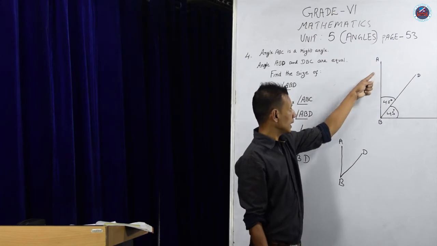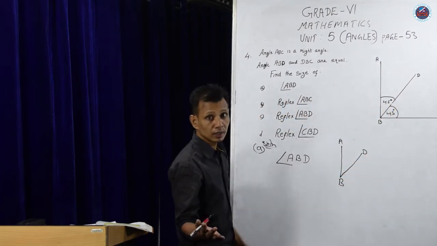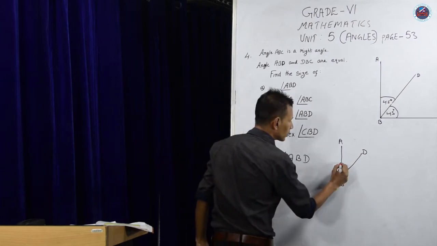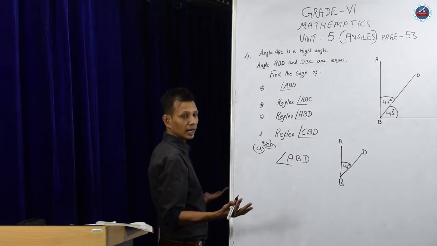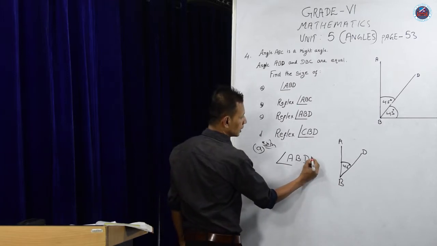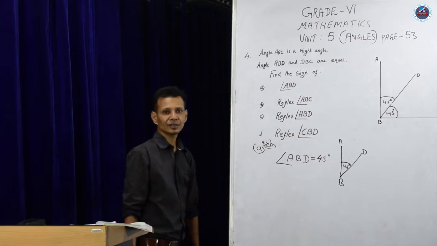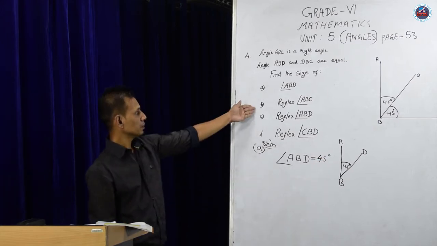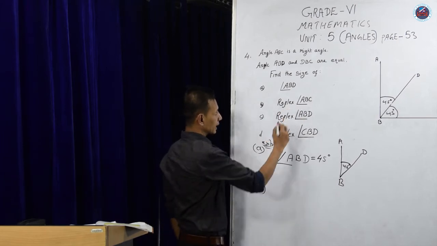Now when you look at A, B, D, what angle it is, we have already sorted out. It is 45 degrees. You can write here 45 degrees. You got it. Angle ABD is equal to 45 degrees. That's your answer. Now let's go to B. Reflex angle.